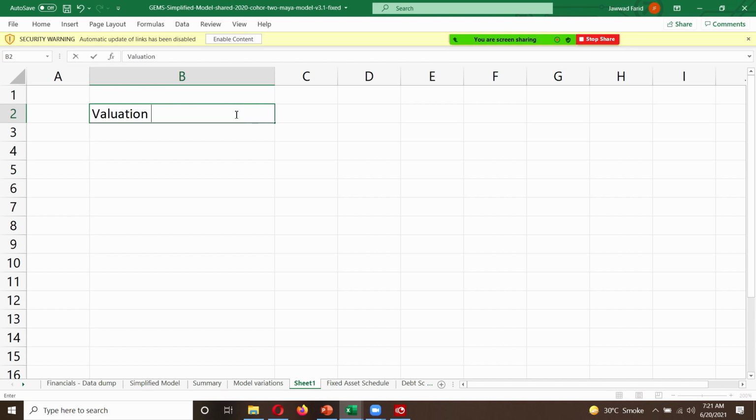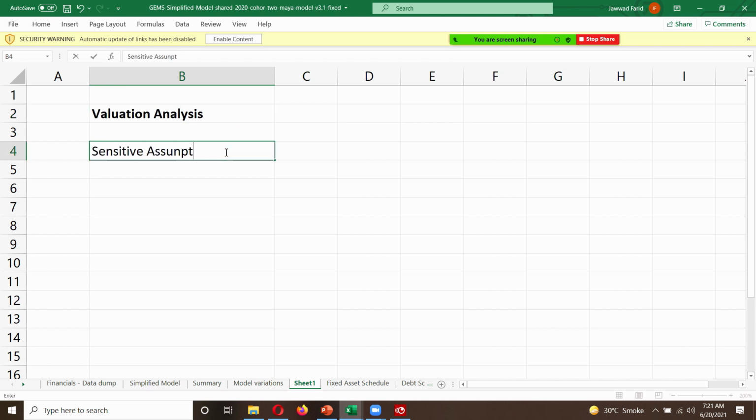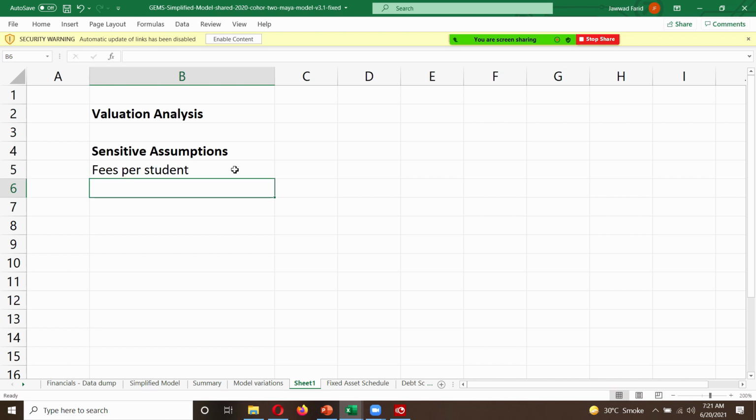So as part of that valuation analysis, we've seen what the most sensitive key assumptions are. One assumption is fees per student that we'd like to test.